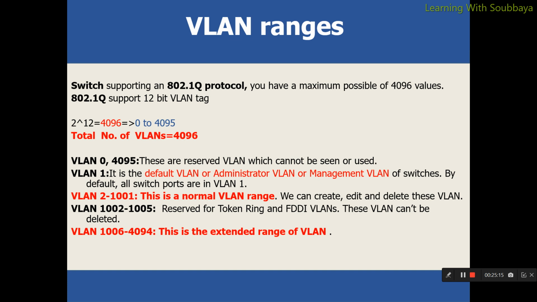We can use VLANs from 2 to 1001 only. Also 1002 to 1005 are reserved VLANs, reserved for token ring and FDDI. Then 1006 to 4094 is the extended range of VLAN.